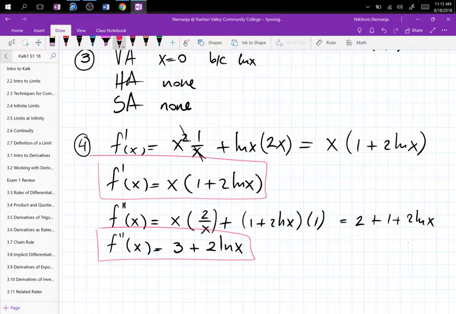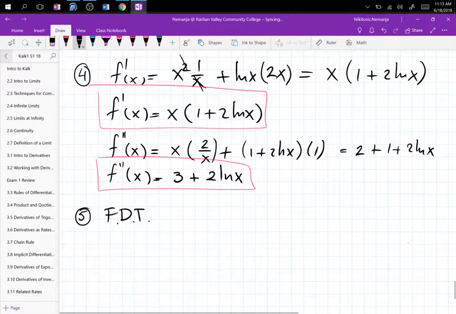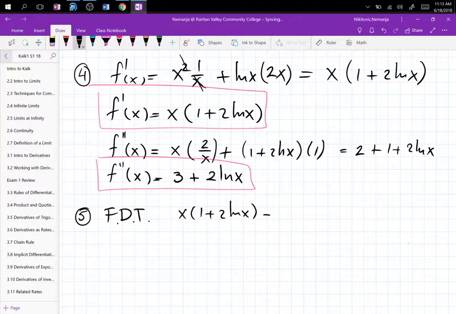All right, so we are going to box these so we can find them quickly when we need them. Now we go and figure out the first derivative test. For the first derivative test, we need the critical points first. That was your lecture 4.1. So we set x times 1 plus 2 ln x equal to 0. We get x equals 0, we have to throw it away.